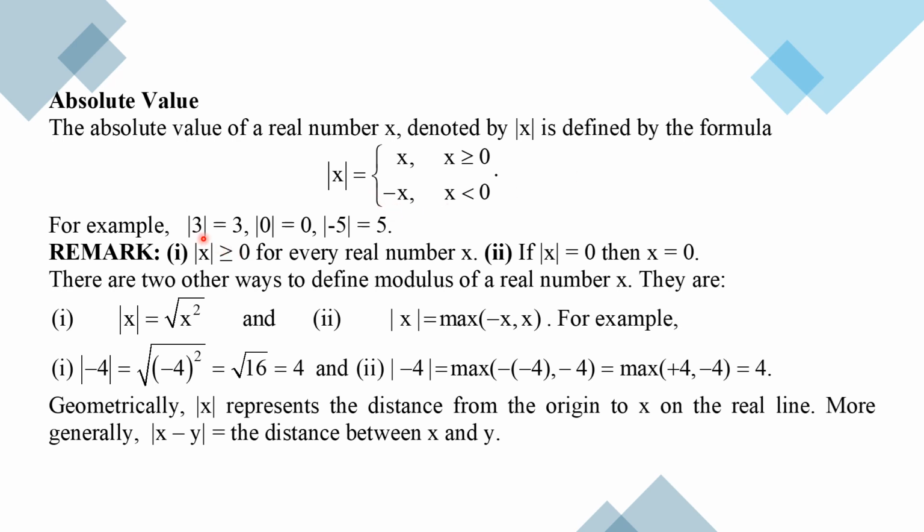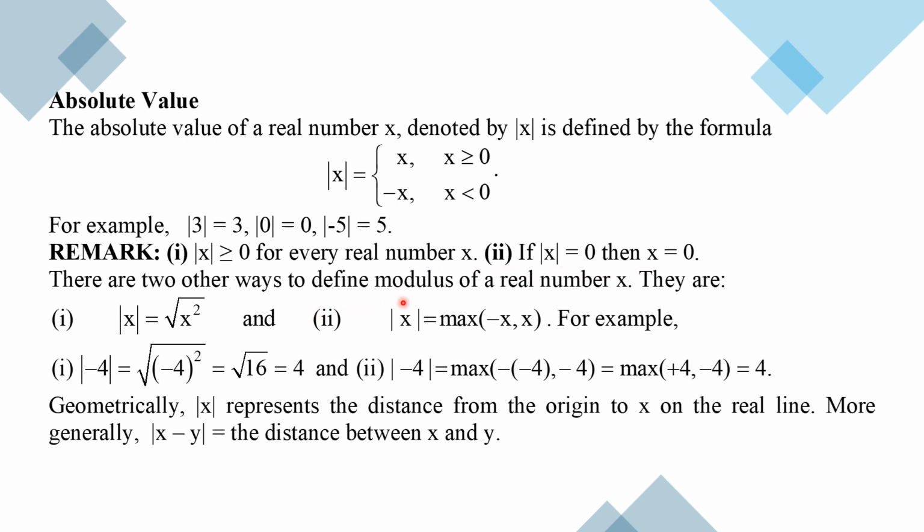For example, mod 3 is 3, and mod of minus 5: multiplying minus 5 by minus 1, we get positive 5. Here are some properties or remarks. Mod x is always greater than or equal to 0, meaning positive, for every real number x. If mod x is equal to 0, then x is equal to 0.